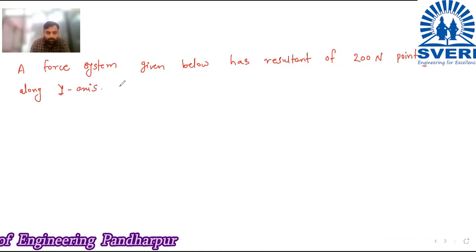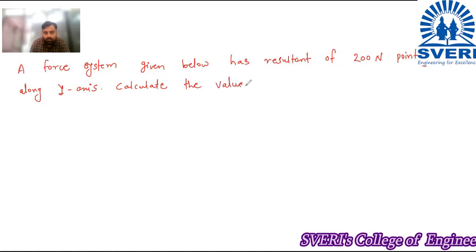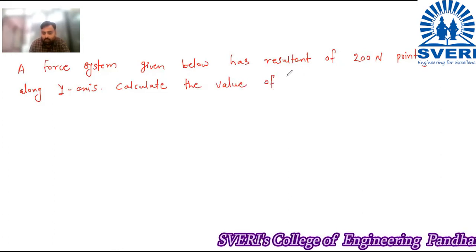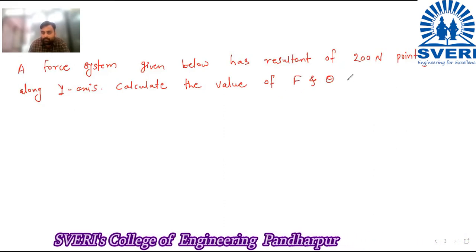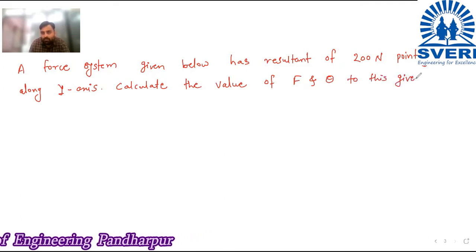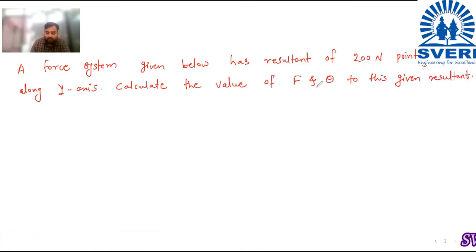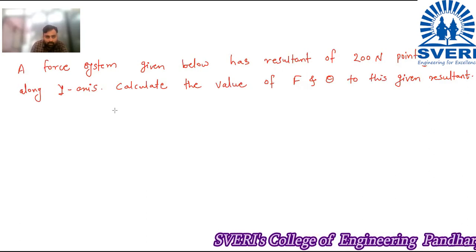Okay, full stop. Calculate the value of F and theta to this given resultant. Now diagram is also given. I will draw the diagram. Diagram is also given to us.